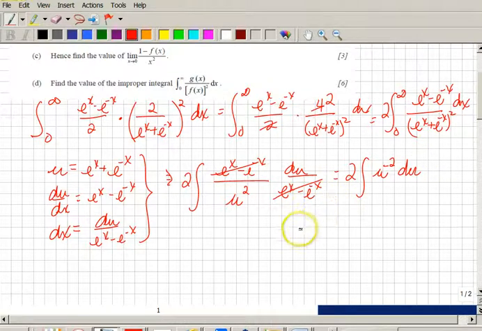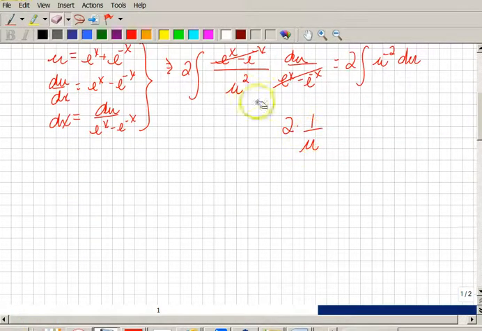Integrate that. Of course, we increase over the new power. So that's going to be 2 times 1 over u to the first. Make that negative. Yes, yes, yes. It was u to the negative 1. So we put the new power on the bottom, or flip that negative 1 to the top.